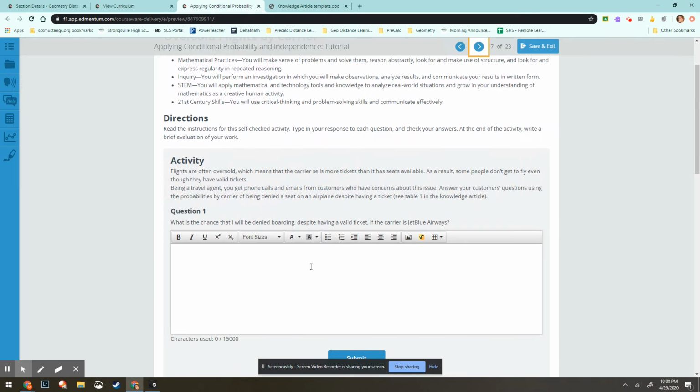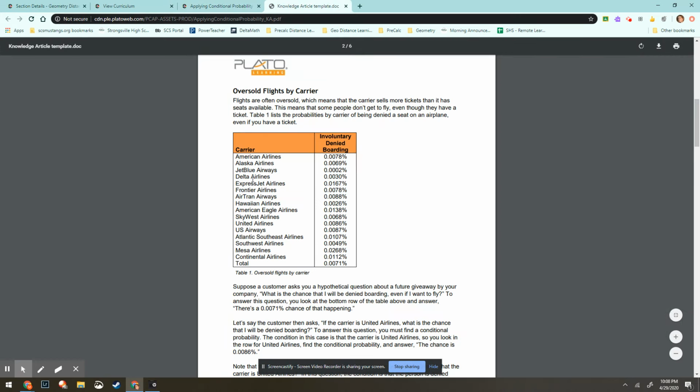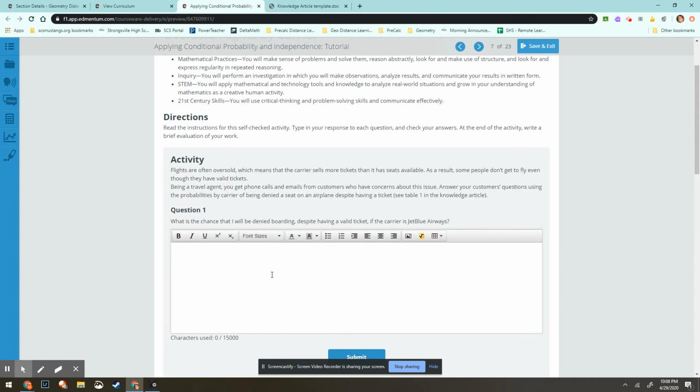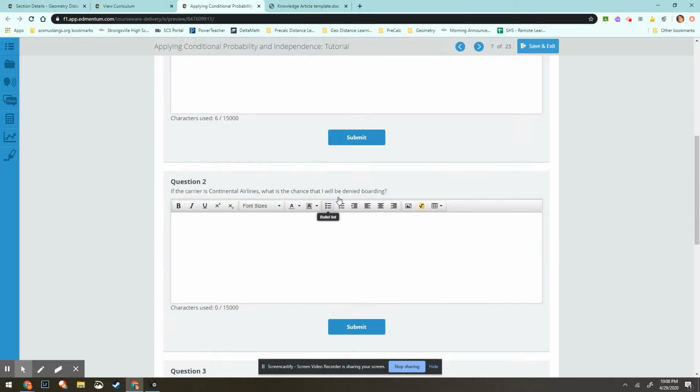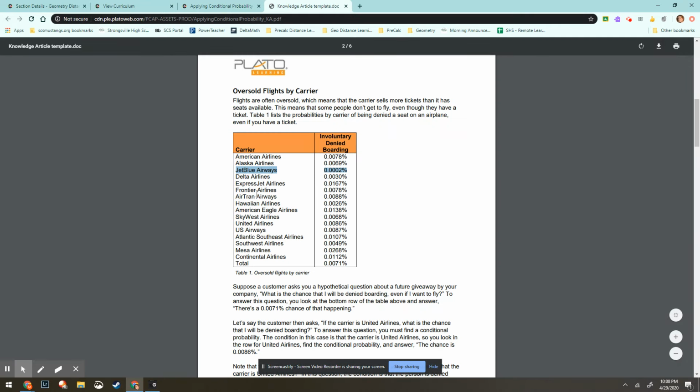So here, what is the chance that I will be denied boarding despite having a valid ticket if the carrier is JetBlue? This is just a matter of interpreting the table, and the probability of being denied boarding if the carrier is JetBlue is 0.0002, or 0.0002%. And that's just coming straight off that table, which is right, yay. And then now, if the carrier is Continental, where's Continental?